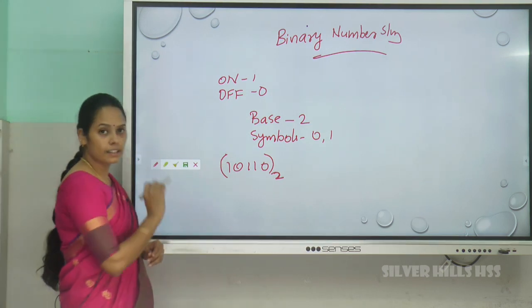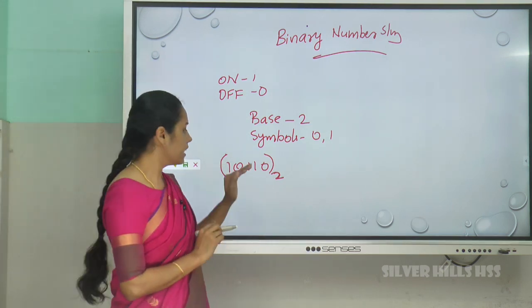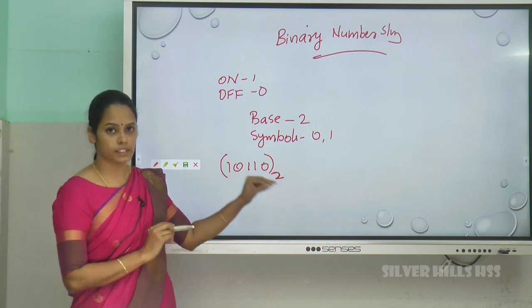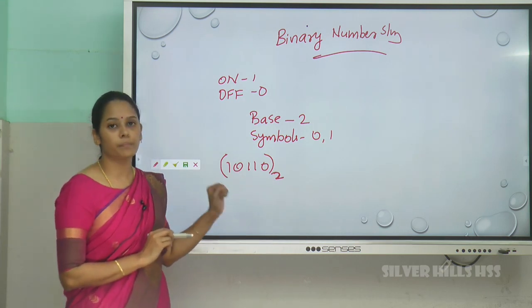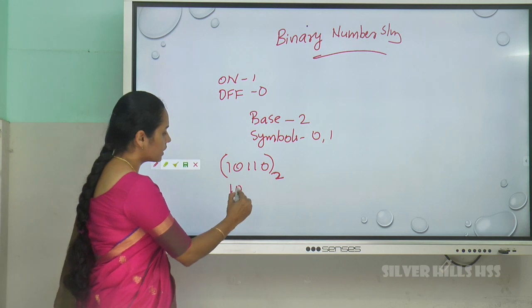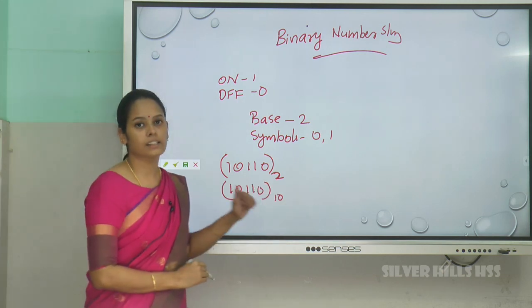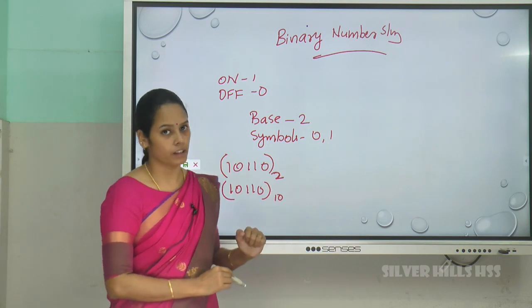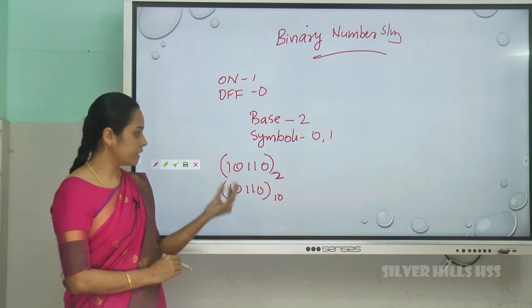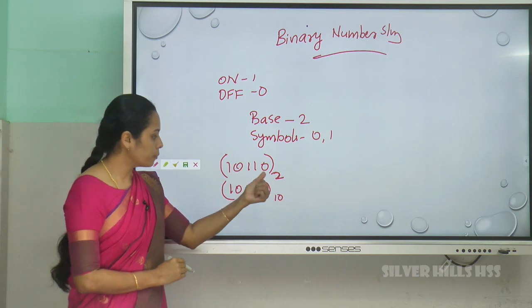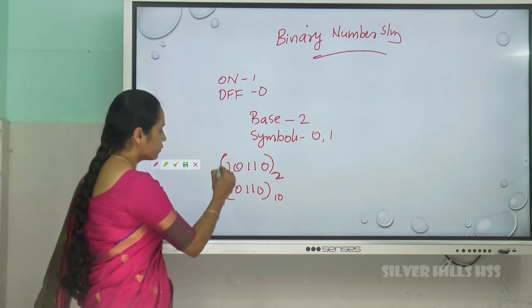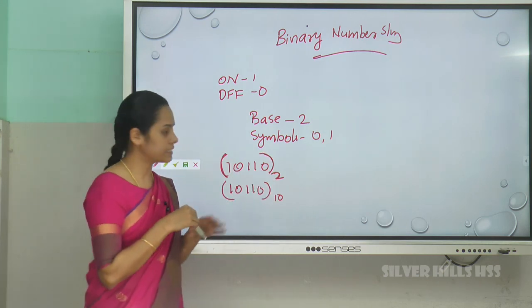If you write like this, then we can say that the base of this number is 2, and that's why this is a binary number. And if you are writing 10110 base 10 like this, then we can say that this number is a decimal number. So to show which kind of number it is, after writing the bracket we can put the radix as a subscript.